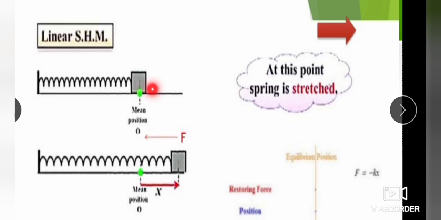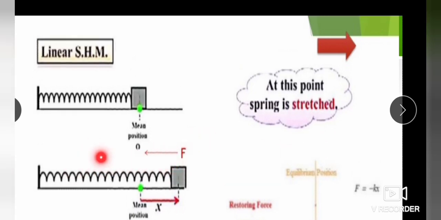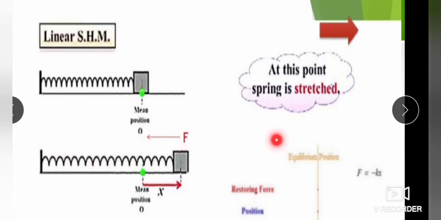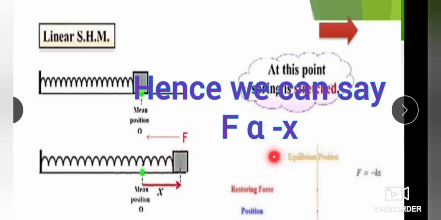If displacement is very small, a small force is produced to bring the block to the original position. And if displacement is large, a large internal restoring force is developed which restores it to the original position.